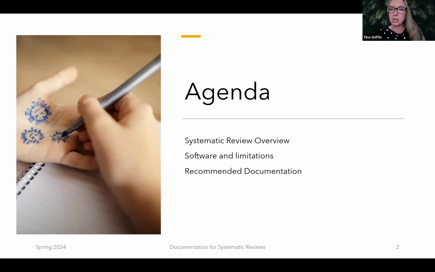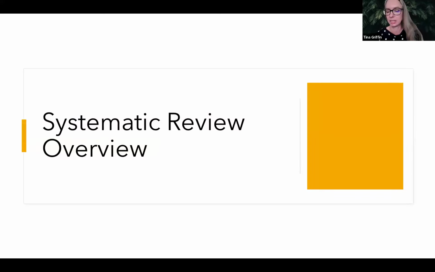I am also going to talk about software and what software will and won't do for this. And then I'm going to get into the weeds of what some documentation recommendations are. So pretty straightforward agenda for all of us for today. So let's start with our overview.